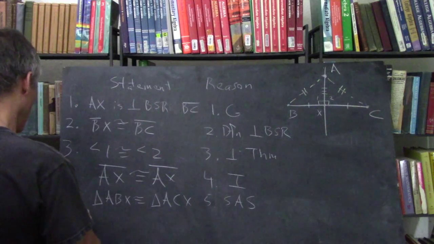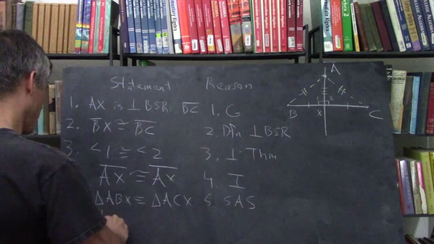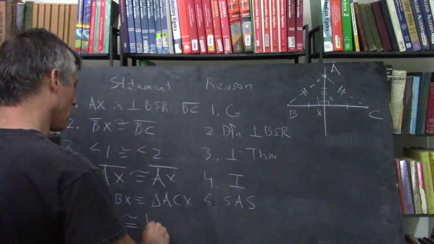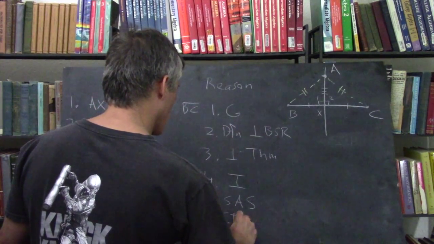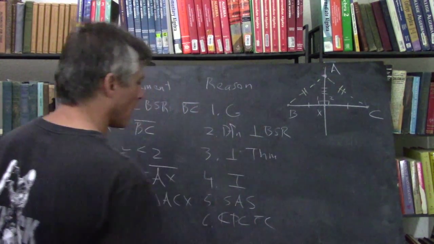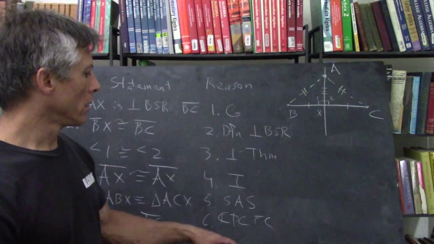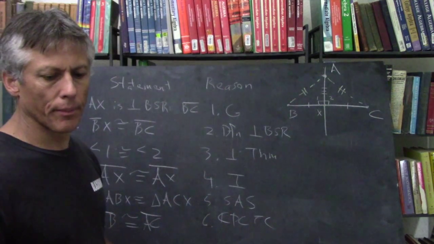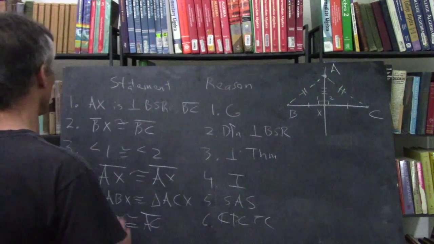Side angle side theorem. And then lastly, AB is congruent to AC. By our beloved CPCTC. When triangles are congruent, the parts are congruent. Alright, that's theorem 4.5. Now let's try theorem 4.6.